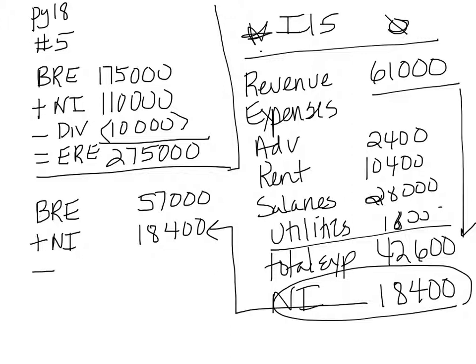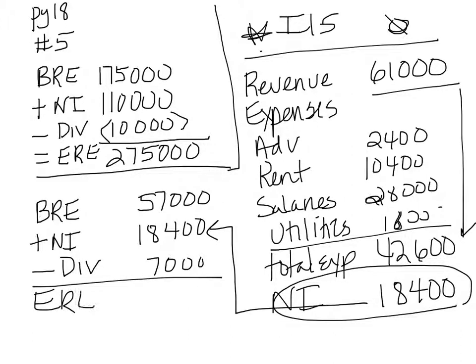Did we pay out any dividends? Remember, dividends are the payment of profits out of the company to the shareholders, and we paid out $7,000 in dividends. We end up with ending retained earnings, and I am abbreviating.